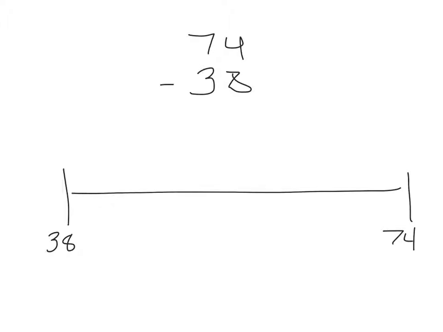Now my goal is to jump to 74. 38 is a really close number to 40. So if I jump 2, I'm at 40. 10 more is 50. 10 more is 60. 10 more is 70.